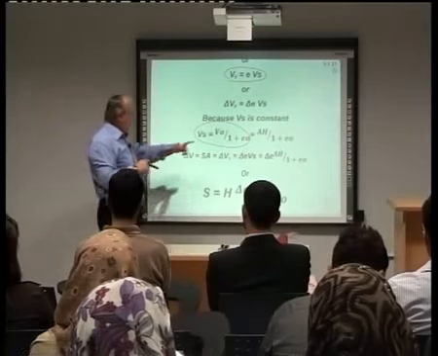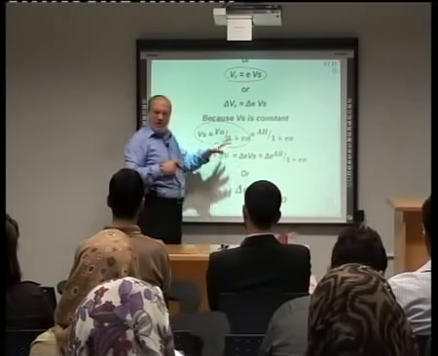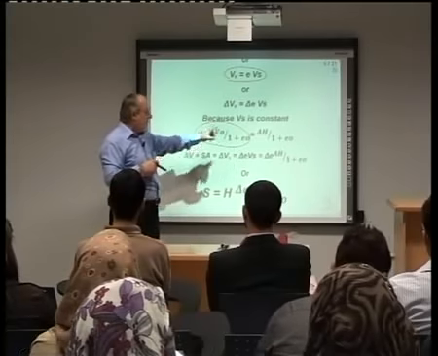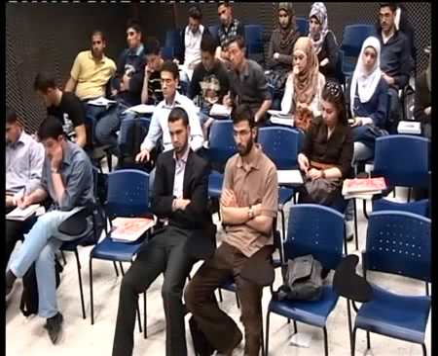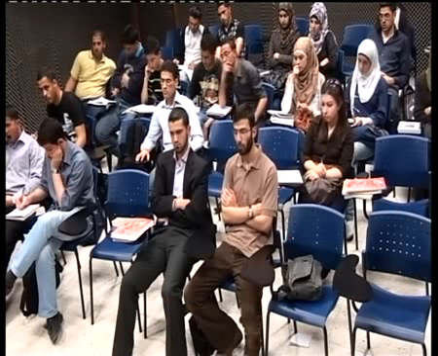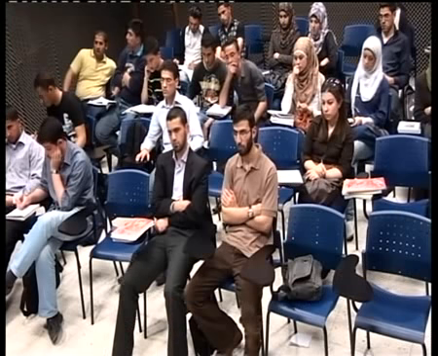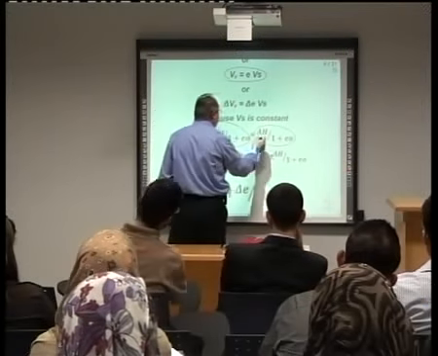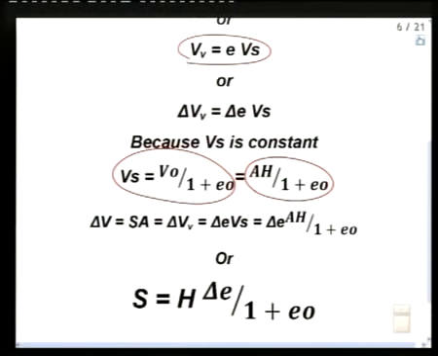That's why this is at the beginning and this is at the beginning. Take this relation without proving. But let us substitute. Instead of V naught, we wrote A multiplied by H, remember? The total volume at the beginning. So Vs equals AH divided by 1 plus e naught.